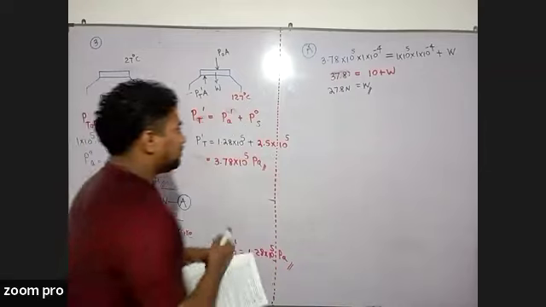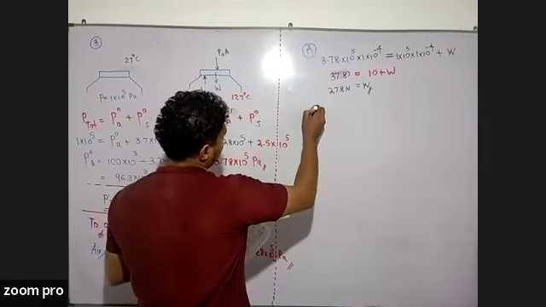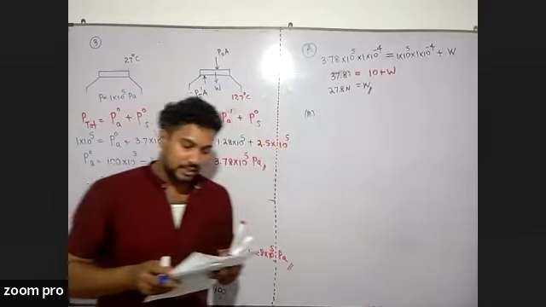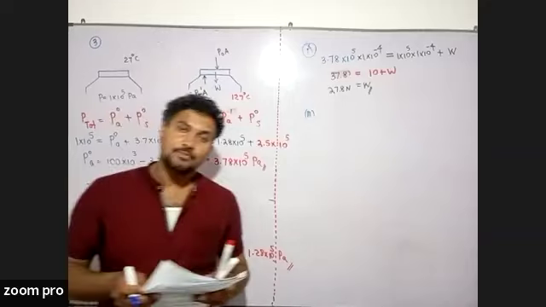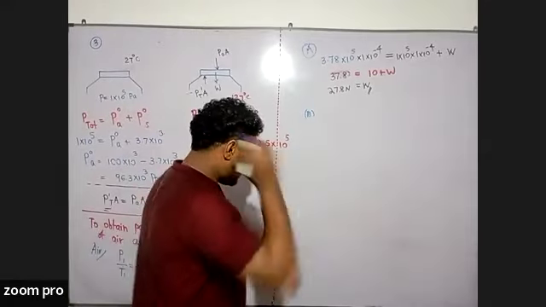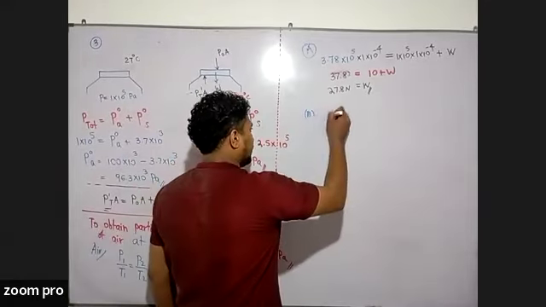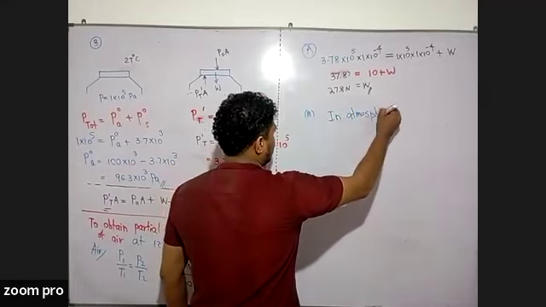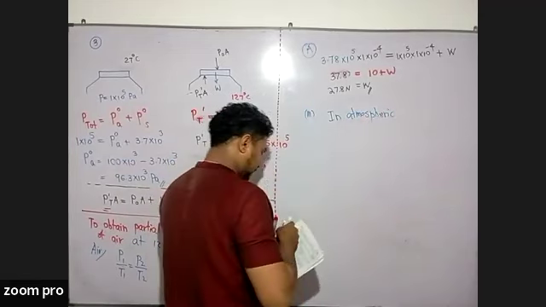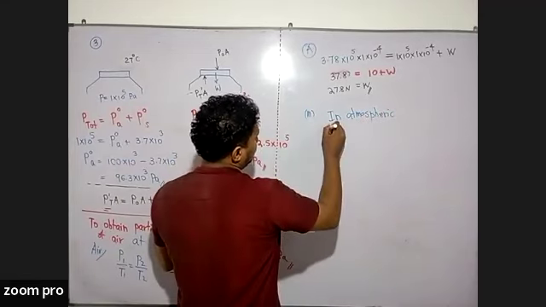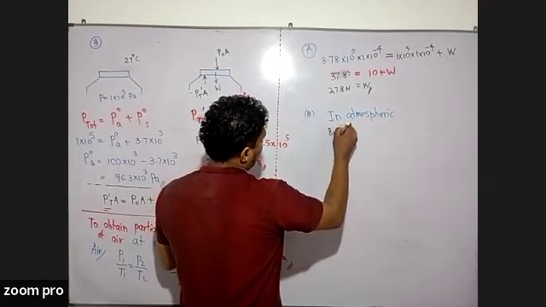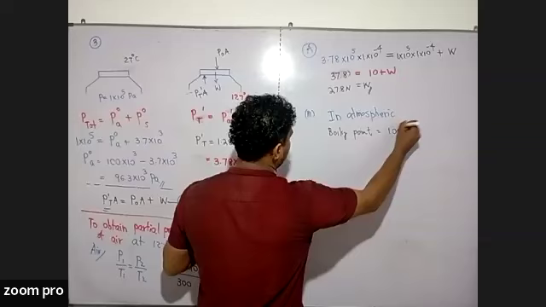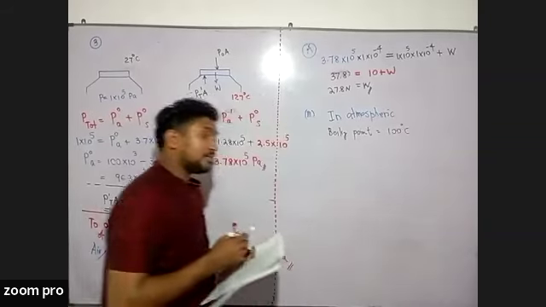In the third part of this question, state why water can remain in liquid form at 127. So guys, normally at atmospheric pressure, the boiling point of water is equal to 100 Celsius.